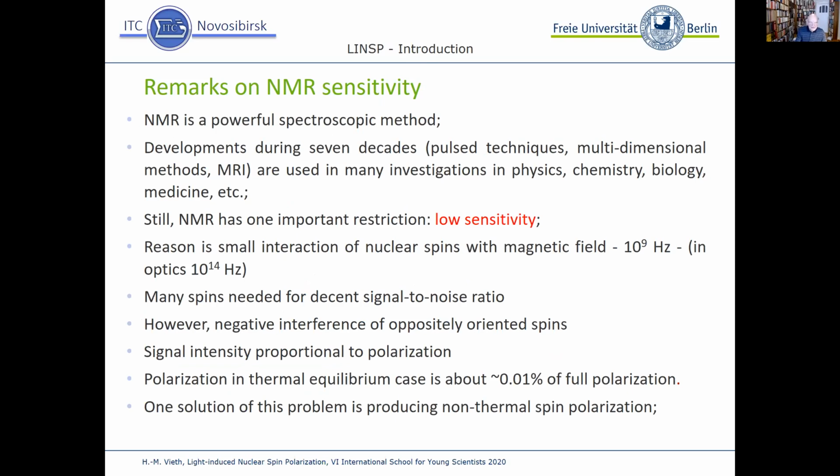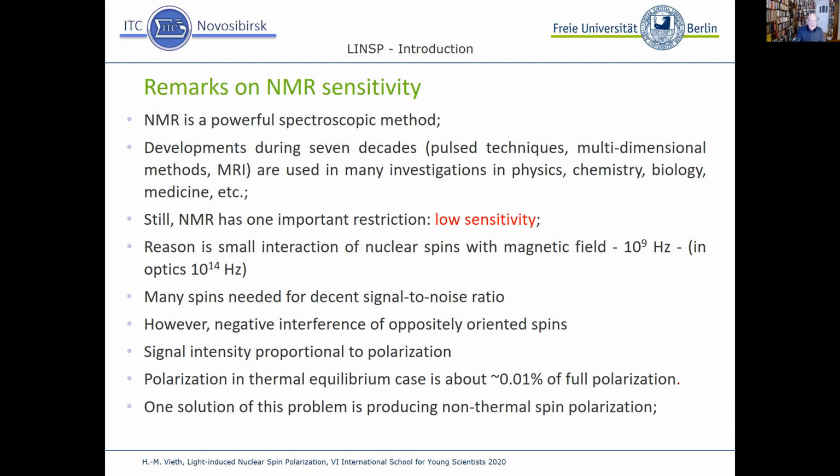So first, when we talk about hyperpolarization, it is necessary to start with remarks on the sensitivity of nuclear magnetic resonance. We all know that it is a very powerful spectroscopic method, and that during the last 7-8 decades, it has been used for many investigations in all kinds of science, in physics, chemistry, medicine, material research, and so on.